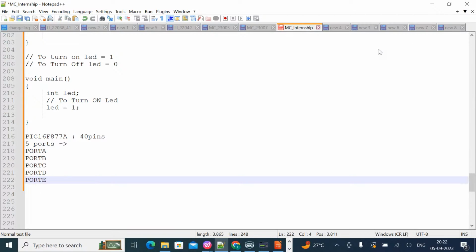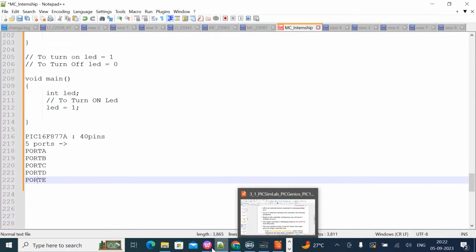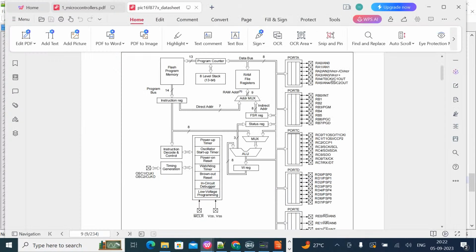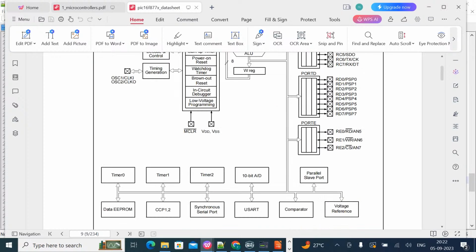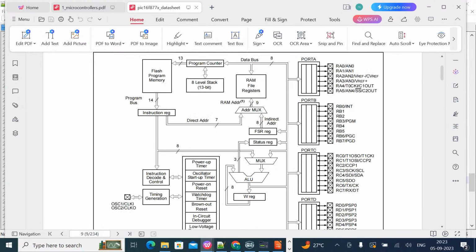Very good, everybody. Now, just by looking at this block diagram, can we talk about the direction of the port? I mean, whatever data these ports are accepting, will it be bidirectional or unidirectional? See, the arrows are showing the direction.